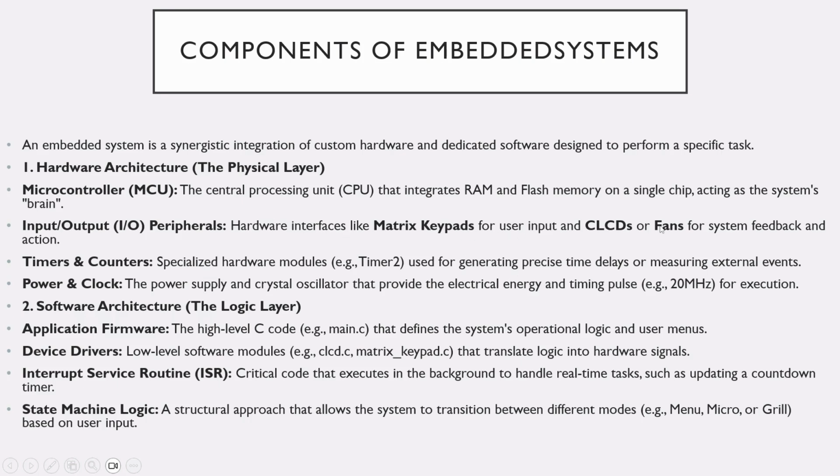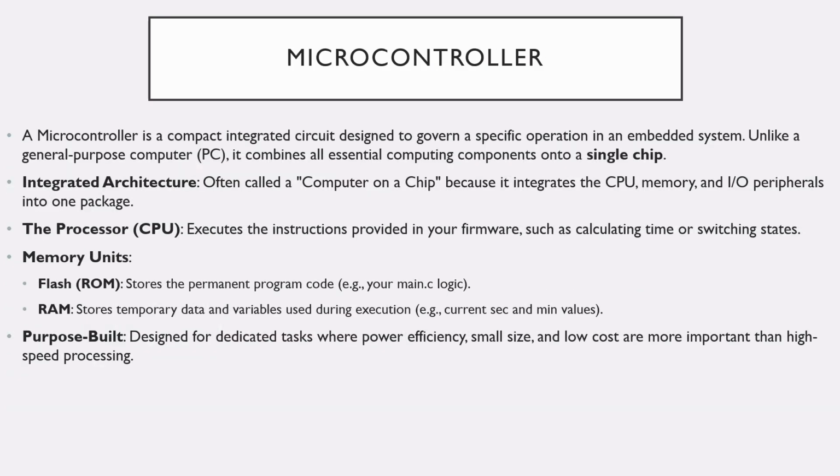Software includes the firmware, application firmware, device drivers, interrupt routines, and state machines, which manage the multiple modes and tasks efficiently. Coming to the main component of embedded systems, that is the microcontroller.